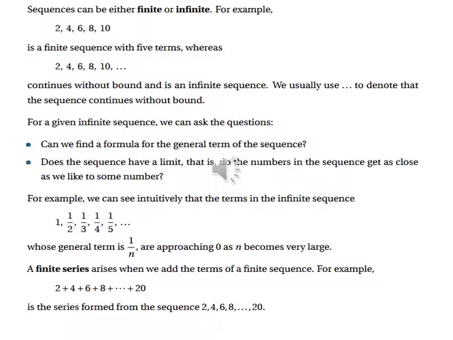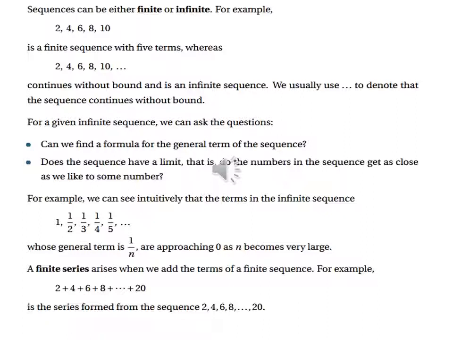For a given infinite series, we can ask the question, can we find the formula for the sum of the first n terms of the series? Does the series have a limit? That is, if we add the first n terms of the series, does this sum get as close as we like to some number as n becomes larger?